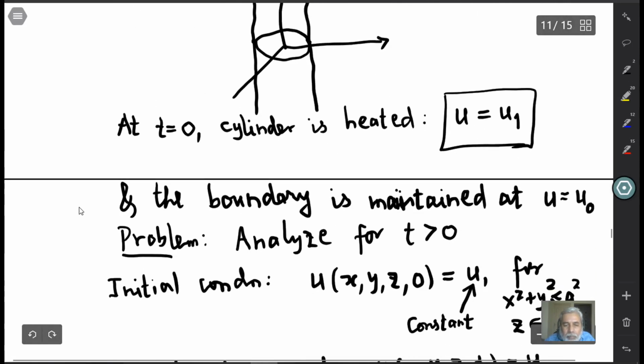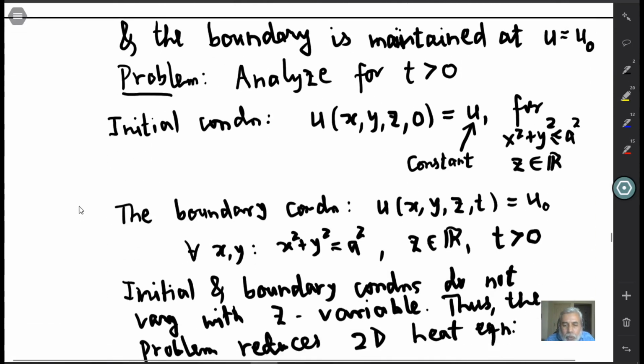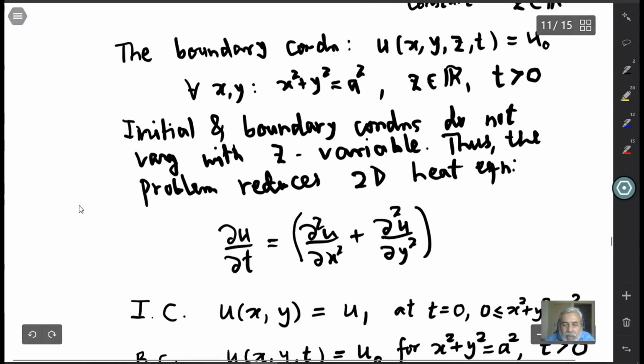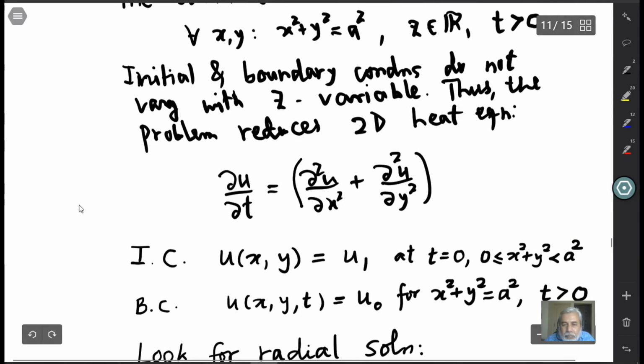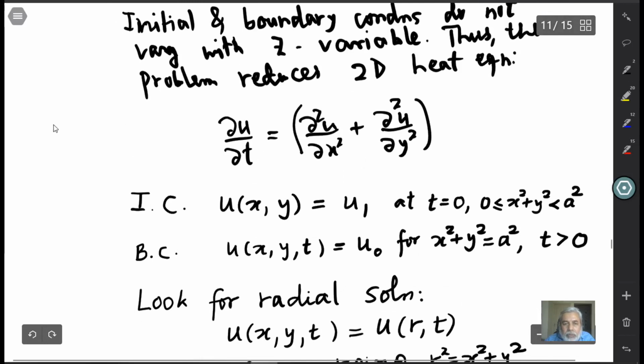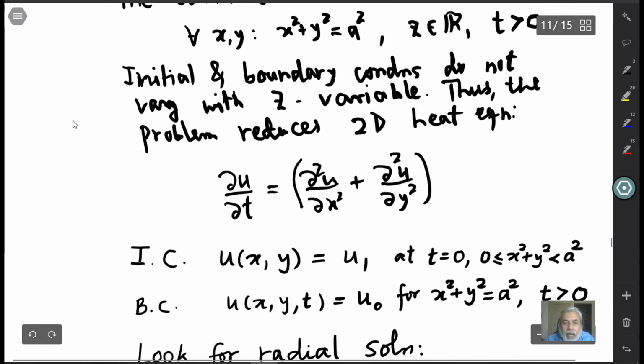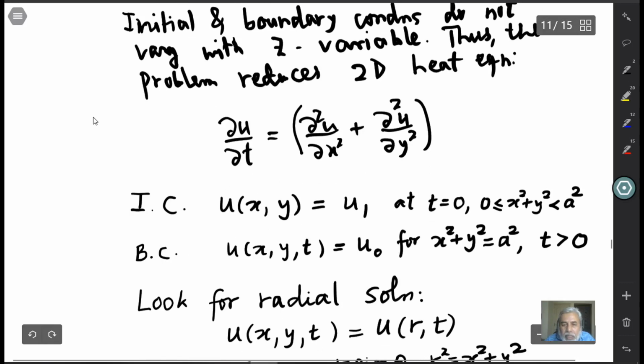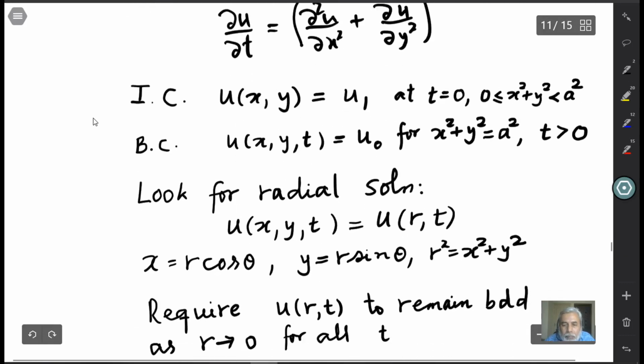So the problem essentially reduces to a two-dimensional heat equation. That is what we deduced from the initial boundary conditions and the geometry of the problem.